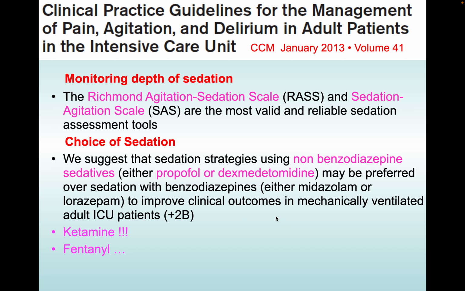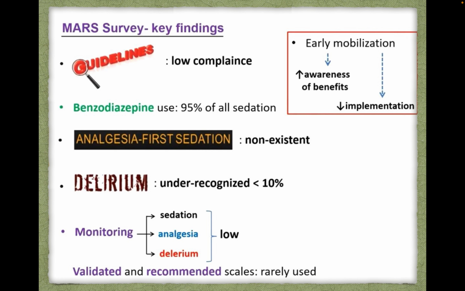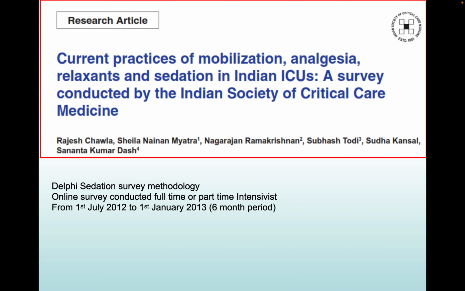And of course ketamine, the dissociative anesthetic agent, which we discussed. So, by and large, non-benzodiazepine sedatives, propofol or dexmedetomidine, and then benzodiazepine in few situations, which is +2B, ketamine and fentanyl as I discussed.